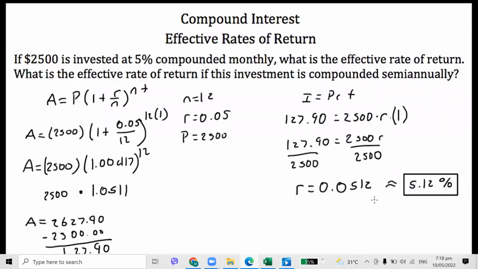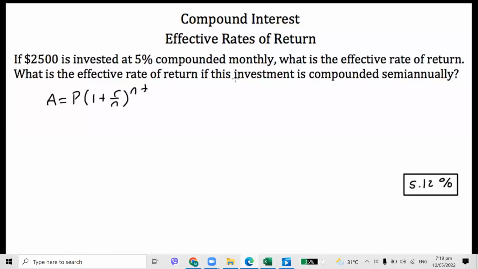Now let's calculate our effective rate of return if this investment is compounded semi-annually, or N is equal to 2. Our principal is still 2,500, our interest rate is still 0.05, and T, we're still doing this for 1 year, so T is equal to 1. Plug all this in.